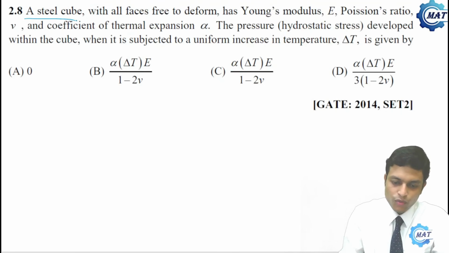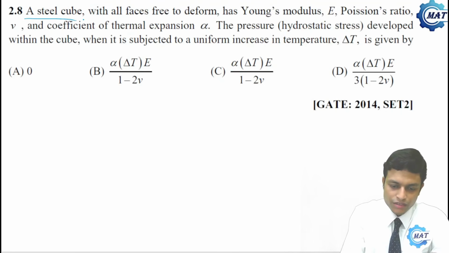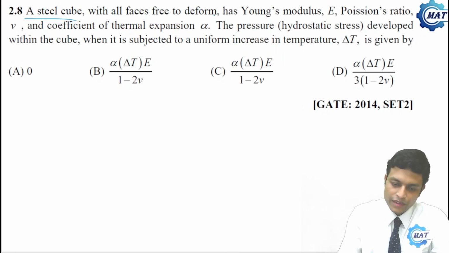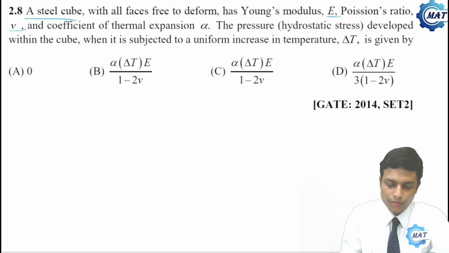A steel cube with all faces free to deform. All faces are free. Young's modulus is E, Poisson ratio is mu, and coefficient of thermal expansion is alpha.